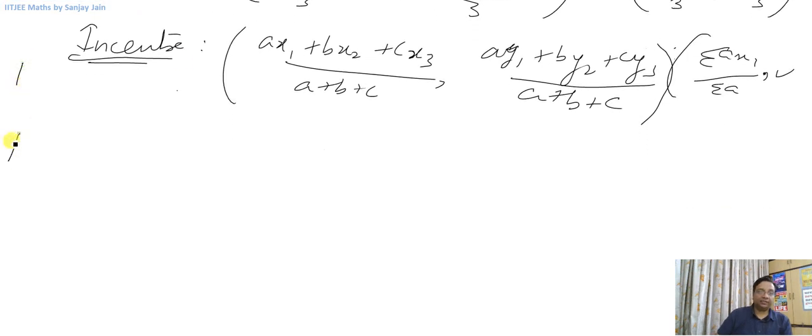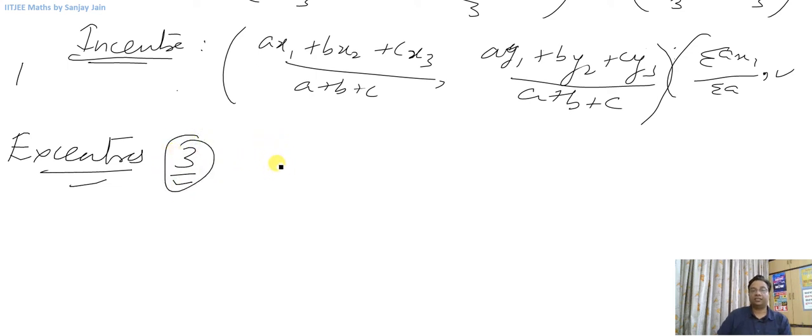About the excenters' coordinates, I've already told you that there will be 3 excenters. Let us say I write the coordinates of the excenter opposite to the vertex A, right? I'm talking about the excenter of the exterior circle that we draw opposite this vertex A. Then I'll just change the sign here and here.